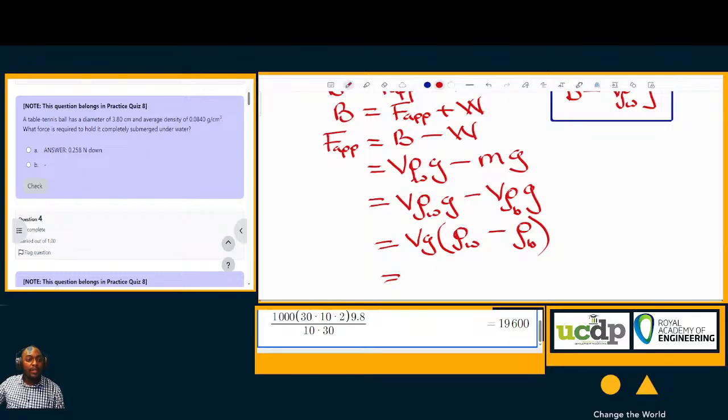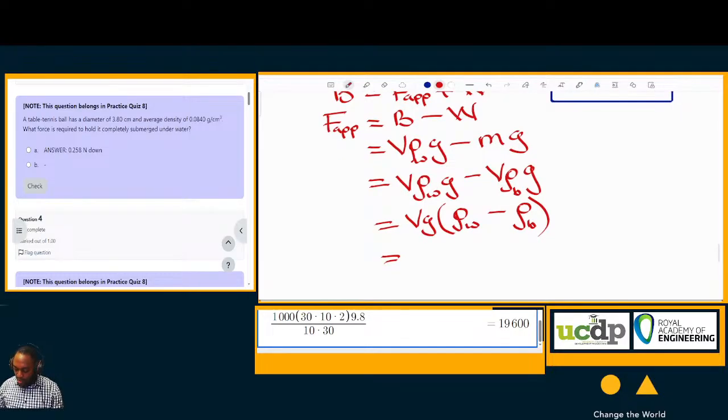Now you can substitute. What are we given there? Diameter, average diameter, with an average density. The density of the water you're not given, but it's known: 1000 kg per cubic meter.